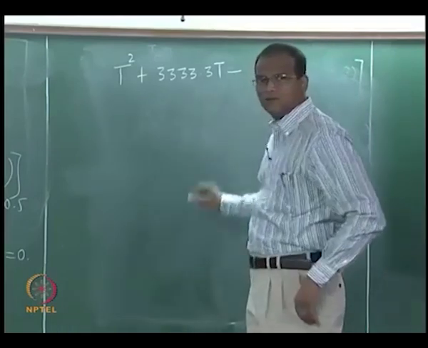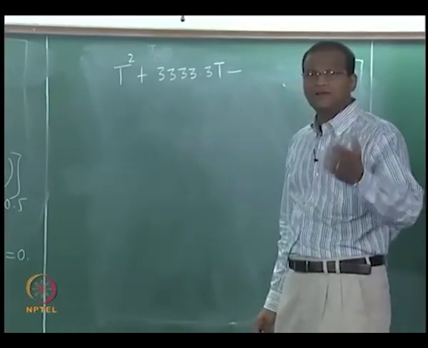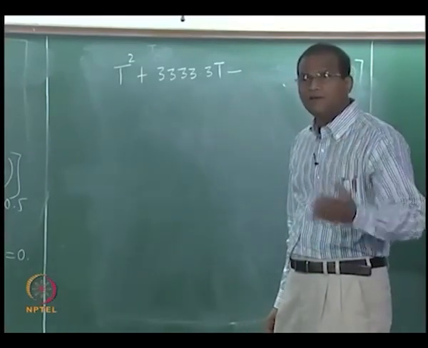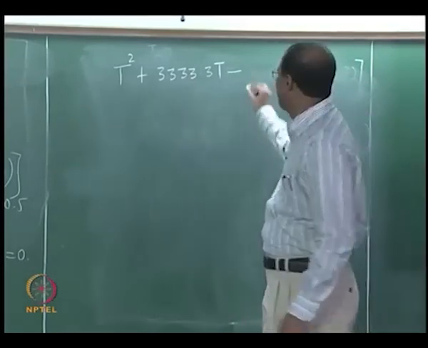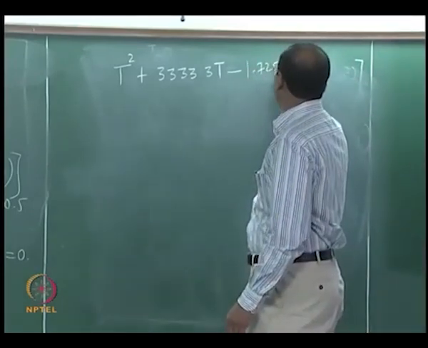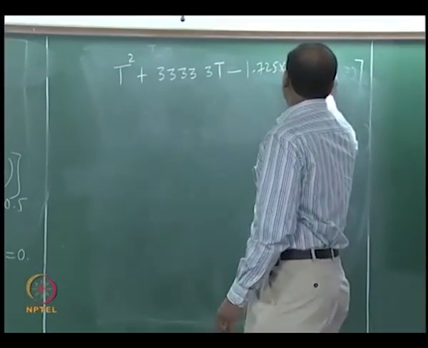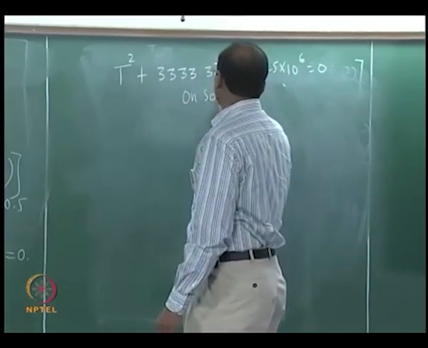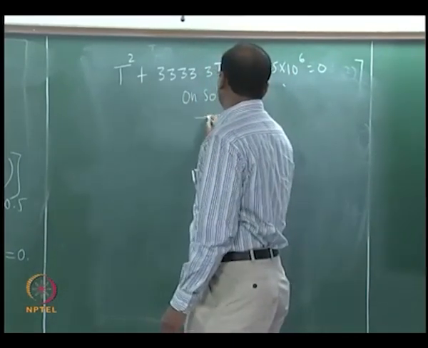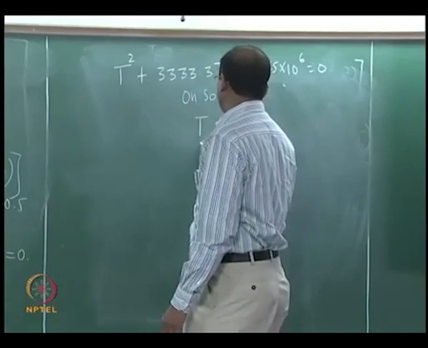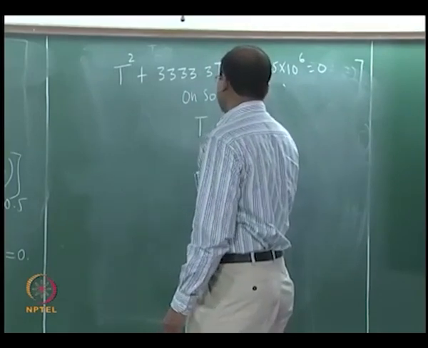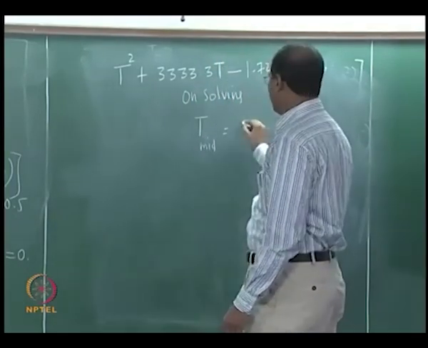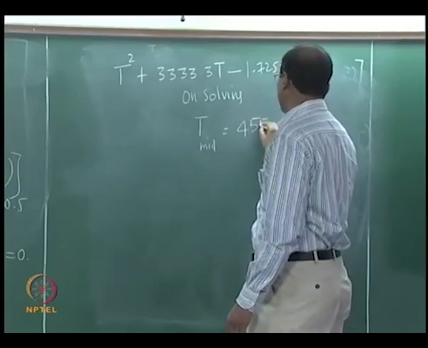That is divided by 175. 1 point 455 10 power 6. On solving? T mid is 0.3.